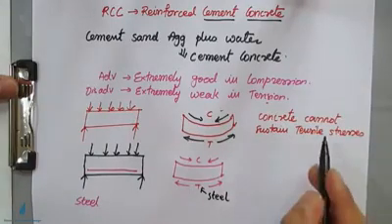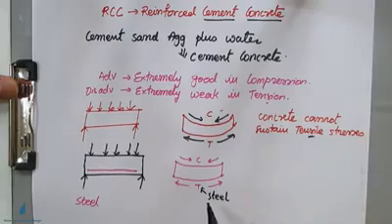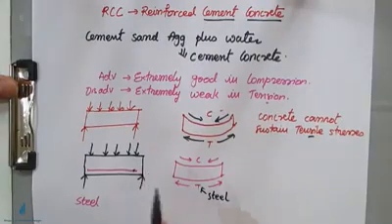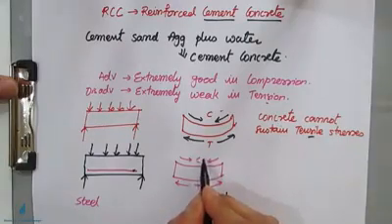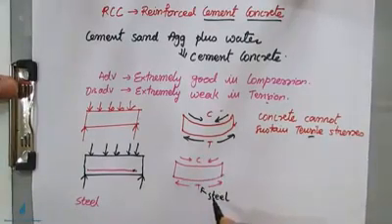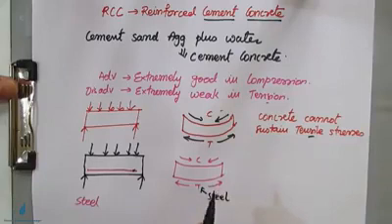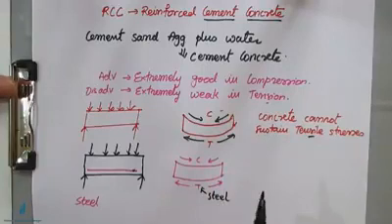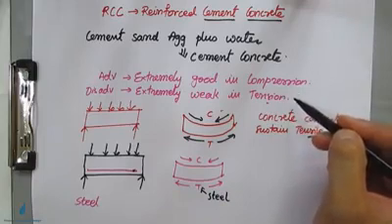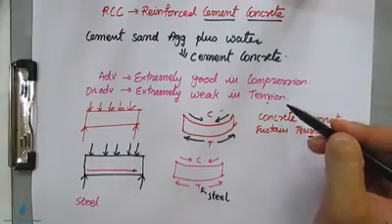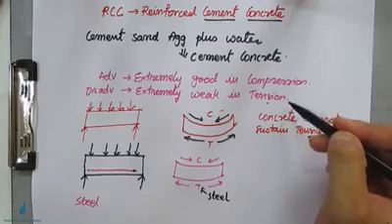The tension which concrete cannot take is taken by the extra material we are reinforcing in the concrete, which is known as reinforcing steel. So the compression is taken care of by the concrete and the tension by the steel. This is the general gist of RCC: because concrete is very good in compression but weak in tension, we provide reinforcing bars in the tension zone to take care of the tensile stresses.